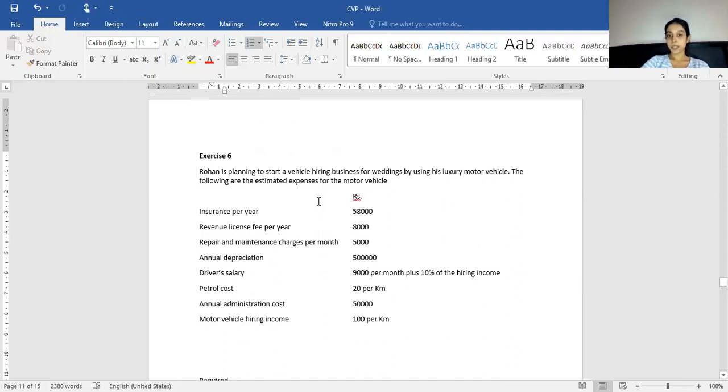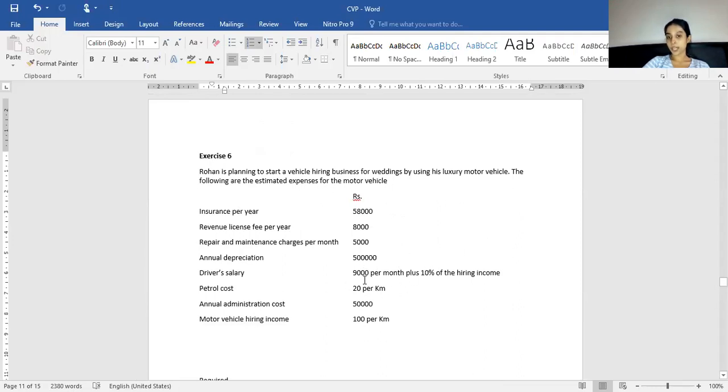First of all, we have to carefully identify what are the fixed components from this data. Insurance per year, 58,000 is a fixed charge. Revenue license per year, 8,000 is a fixed charge. Repair and maintenance charges per month, so 5,000 into 12 will be the annual total repair and maintenance charge. Annual depreciation 500,000. And the driver's salary has a fixed component.